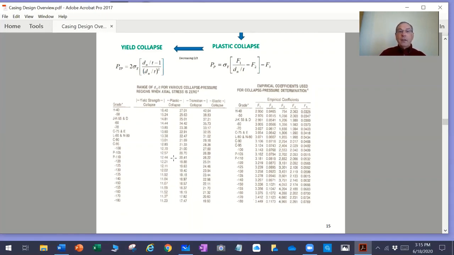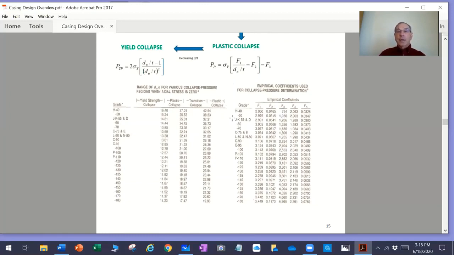If the D over T ratio was 17, that's between yield collapse and tensile collapse, so you use the plastic collapse equation for calculating it. So you can calculate the D over T ratio, and that will tell you which formula to use.